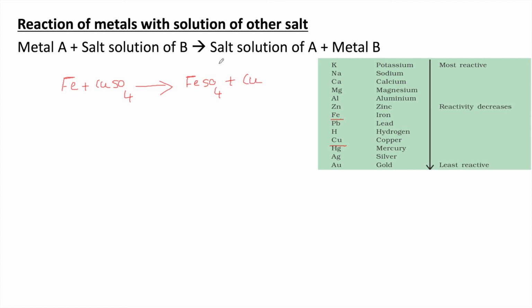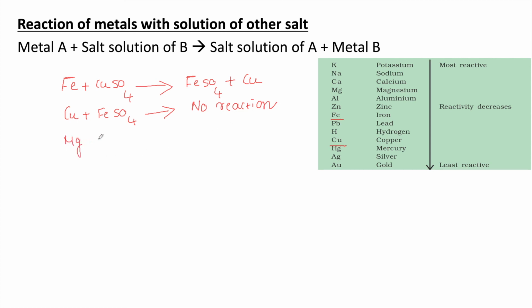Iron is displacing copper from its salt solution. But if I write copper plus iron sulfate, what will happen? Copper is a lower reactive metal than iron. So it cannot displace iron from its salt solution. So here, no reaction.